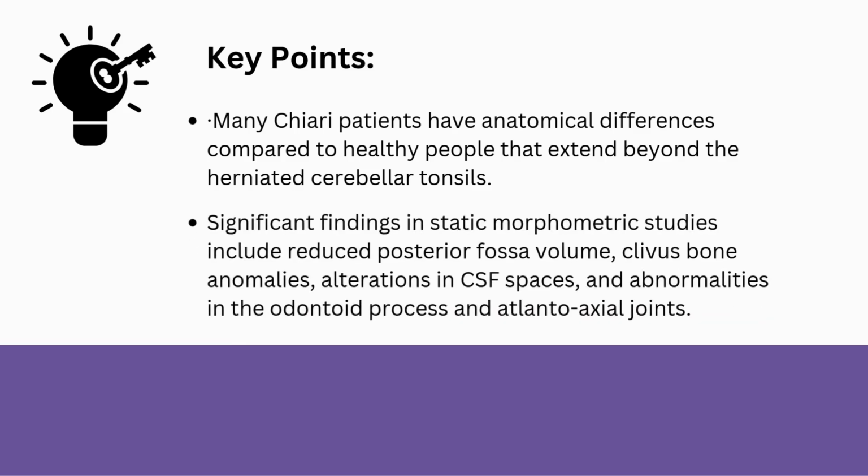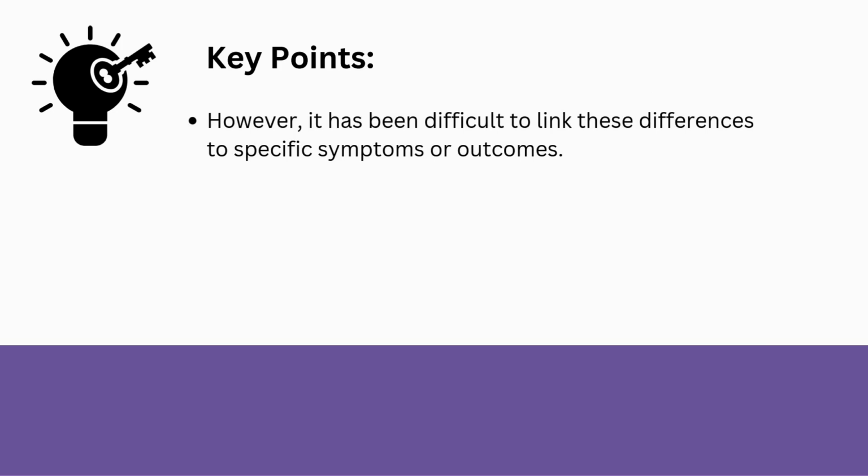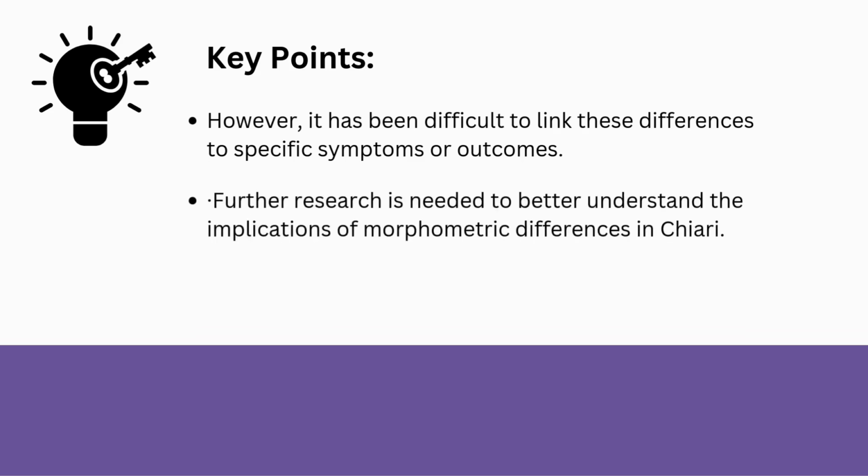Significant findings in static morphometric studies include reduced posterior fossa volume, clivus bone anomalies, alterations in CSF spaces, and abnormalities in the odontoid process and atlanto-axial joints. However, it has been difficult to link these differences to specific symptoms or outcomes. Further research is needed to better understand the implications of morphometric differences in Chiari.